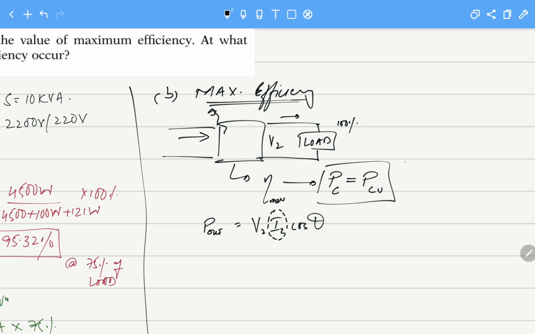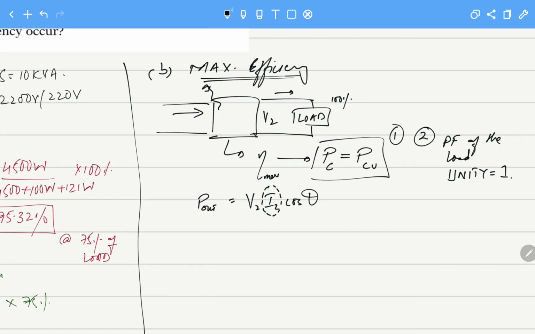That was condition number 1. The second condition that is also very important is that the power factor of the load should be unity, that is, equal to 1. These are the two conditions when our transformer will be operating at its maximum efficiency.